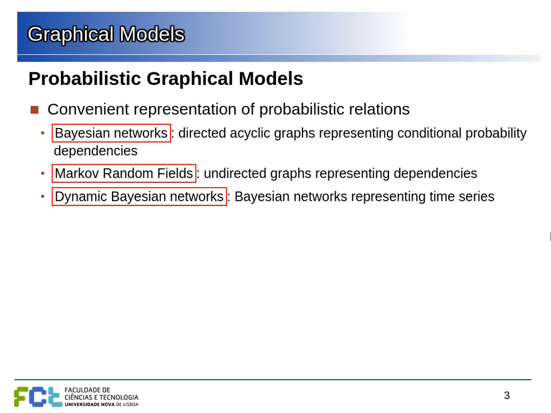This is a convenient representation for relations between random variables, mostly relations of dependency and independence. And we're going to see some examples: Bayesian networks, which are directed acyclic graphs representing the conditional probabilities and conditional dependency of the different variables.